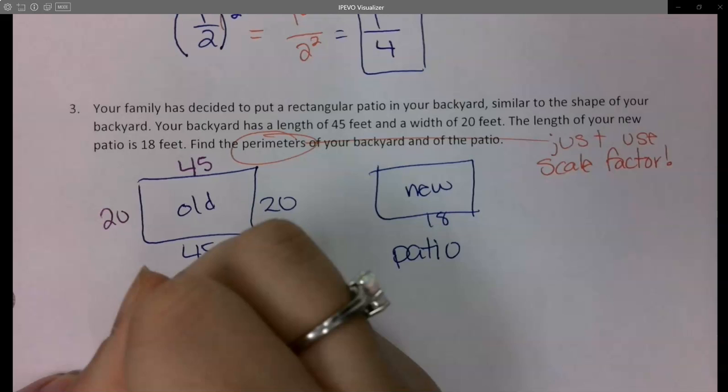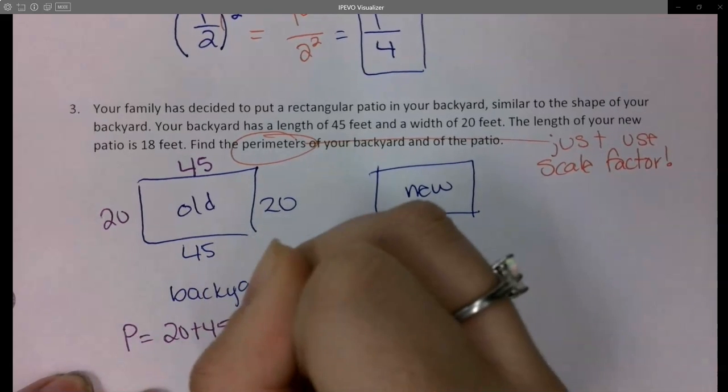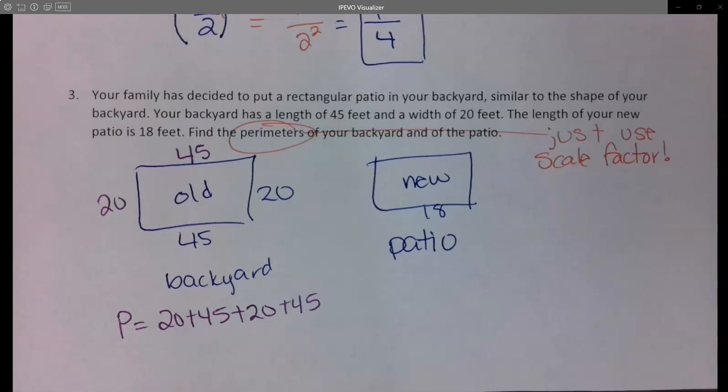So I'm going to add 20, 45, 20, and 45. Does anyone have a perimeter for me? 130.